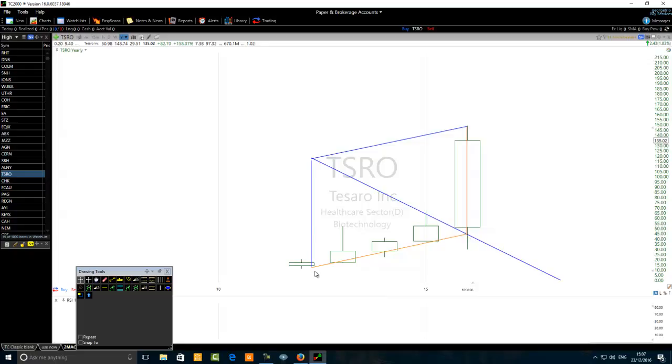So you can see here the normal price progression, then the distortion, which is the vertical price progression. What you need to do is measure the distance of the vertical move and project it at the beginning of the normal price progression.